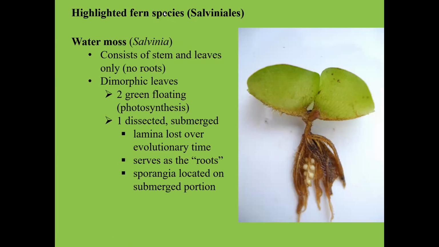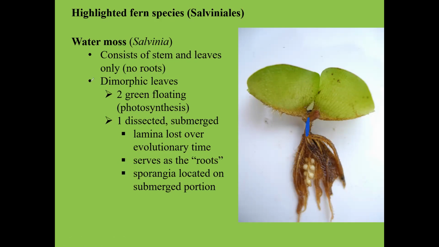Water moss has lost some parts of its plant body over evolutionary time, meaning roots, no more roots. If you think about it, it's floating in water, right? So it really doesn't need roots. It's surrounded by water. So it no longer has roots on it. Instead, it has a stem, which you can see here.